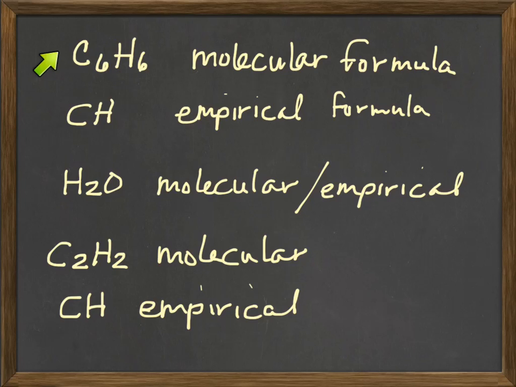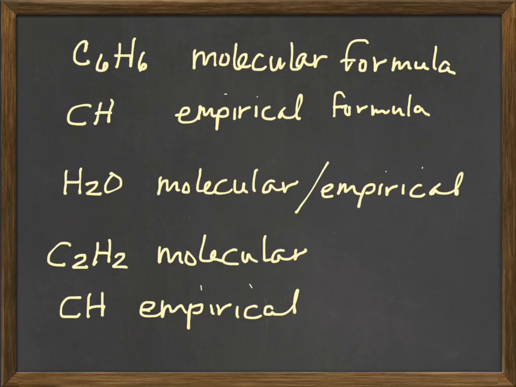If you look at a formula and the ratios are not the lowest, like this one, C6H6, it's definitely the molecular formula. If it's the lowest ratio, you can say it's the empirical formula. You can't necessarily tell if it is also the molecular formula or not.